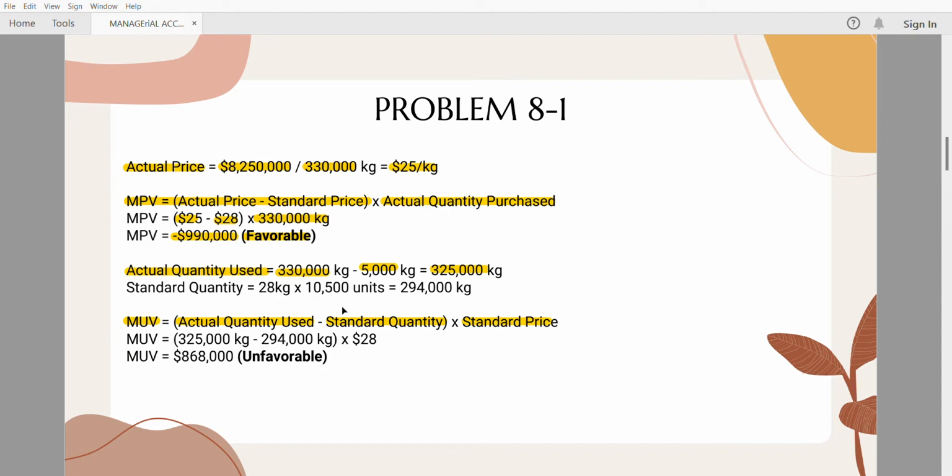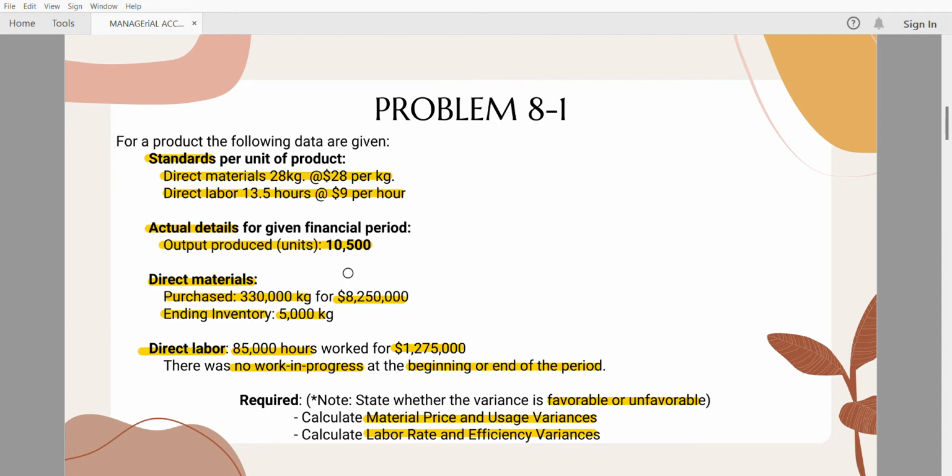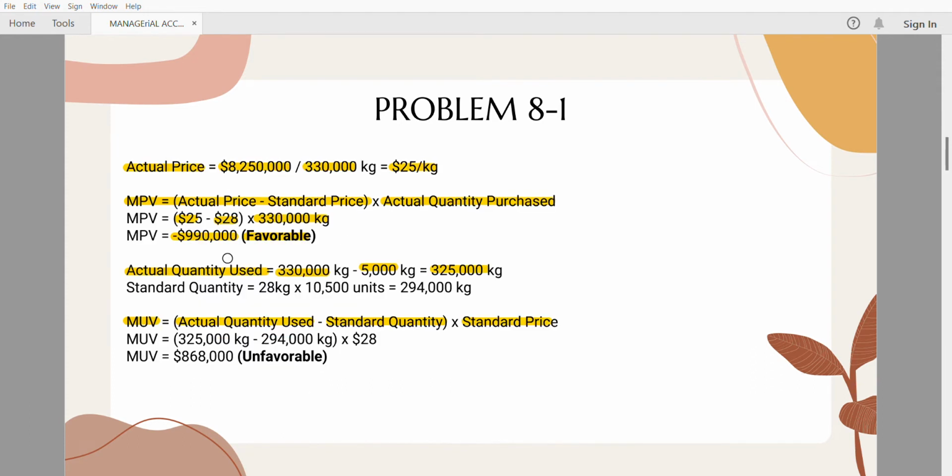And then what about the standard quantity? They only tell you that it's 28 kg of direct materials, but it's impossible to compare 28 with 330,000. So we need to see that the output produced is 10,500 units. That's why we take the direct materials of 28 kg times 10,500 units actually produced, and we get 294,000 kg for the standard quantity.